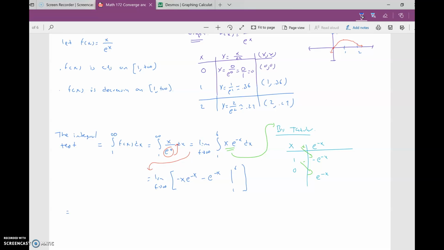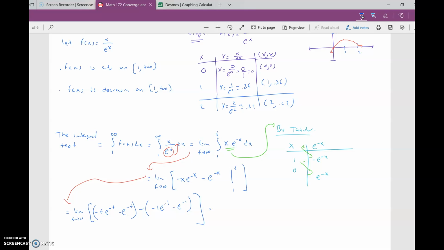So in this case, this is going to be equivalent to the limit as t approaches infinity of negative t e to the negative t minus e to the negative t, that's going to be 1, minus technically negative 1 e to the negative 1 minus an e to the negative 1. So that's for the second portion, and let me simplify this as much as possible.